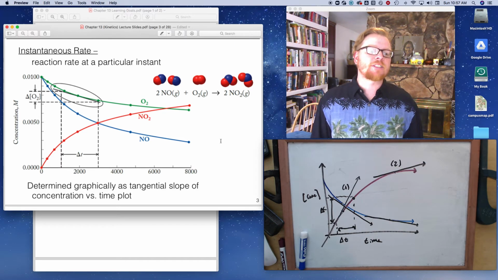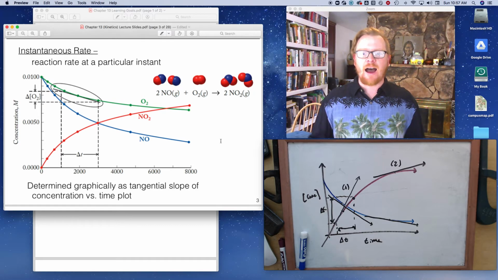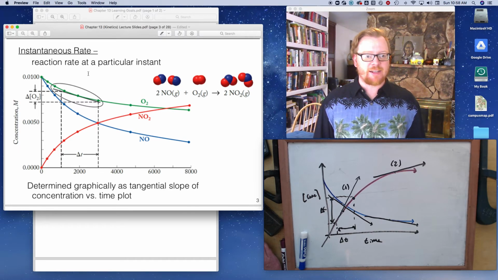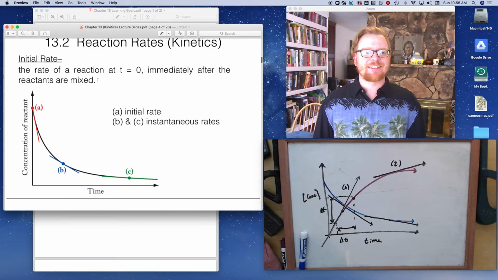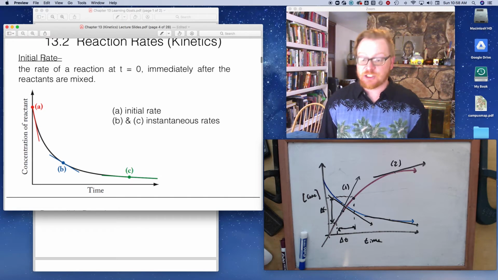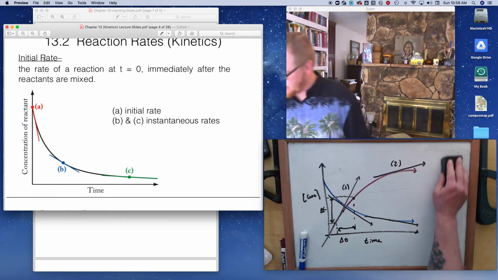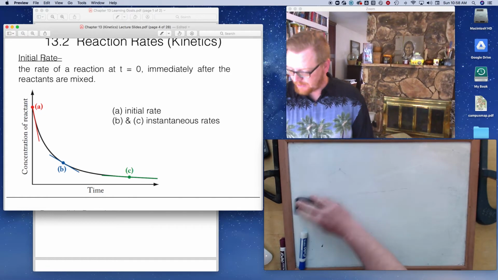And so I'm going to have to specify at what time this is an instantaneous rate. And so if instantaneous rate is to be used, then what we do is actually use the instantaneous initial rate. Okay, so let me erase all this again here.